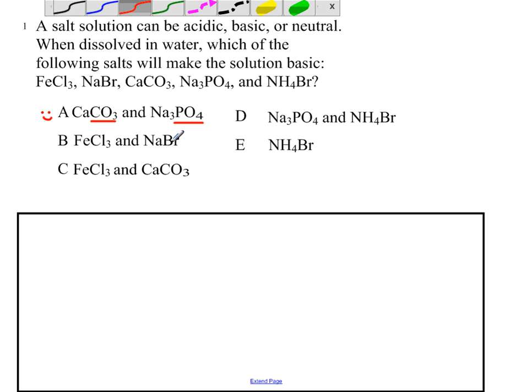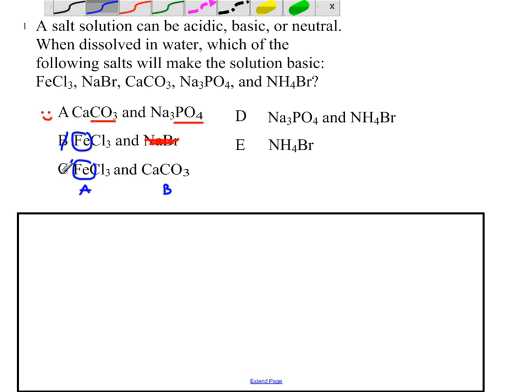Neither sodium nor bromide affect the pH at all, so we can get rid of that one. Iron 3 chloride, the iron actually produces an acidic solution. Calcium carbonate would produce a base.